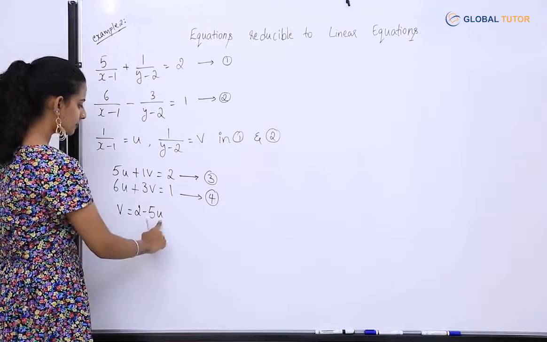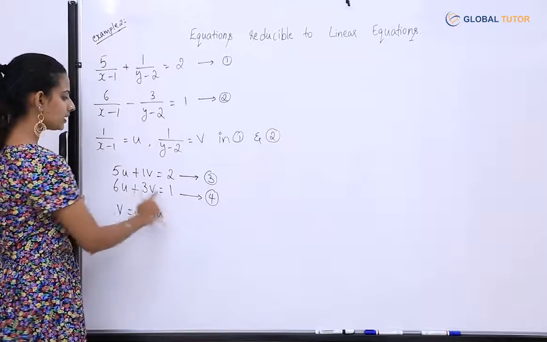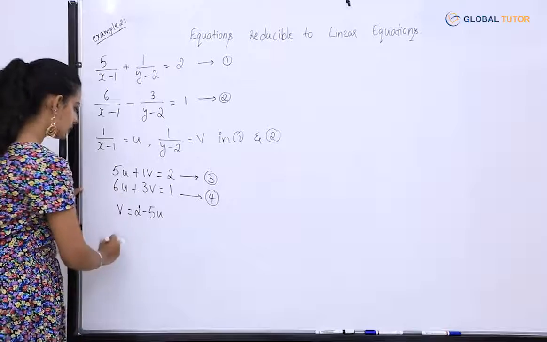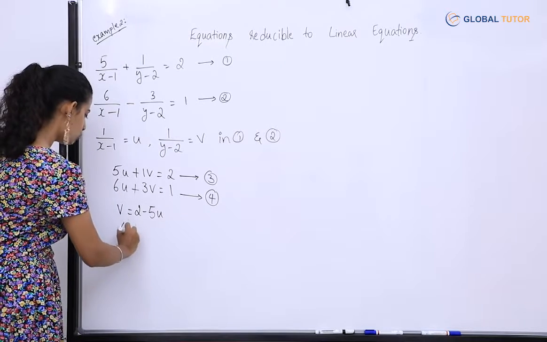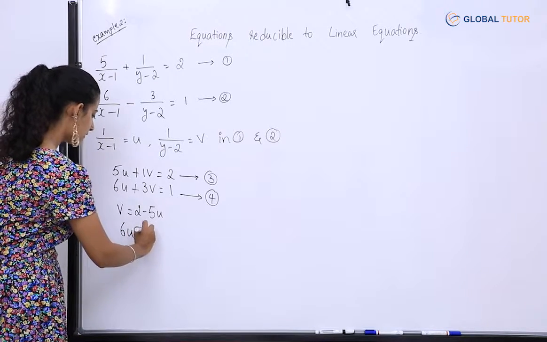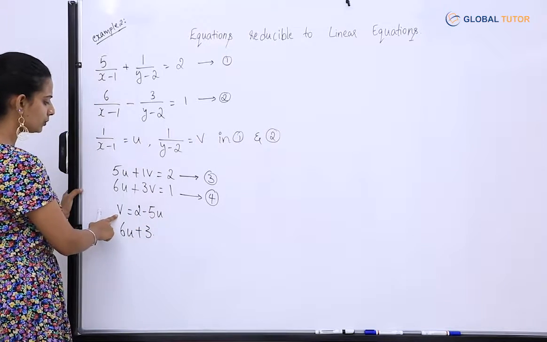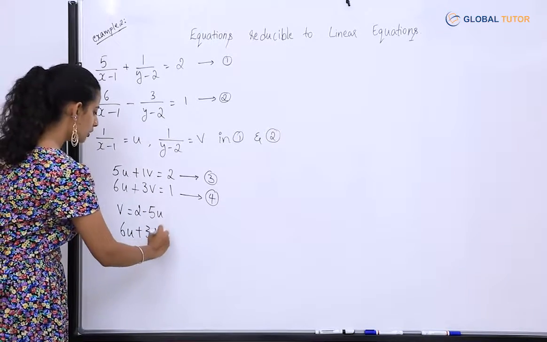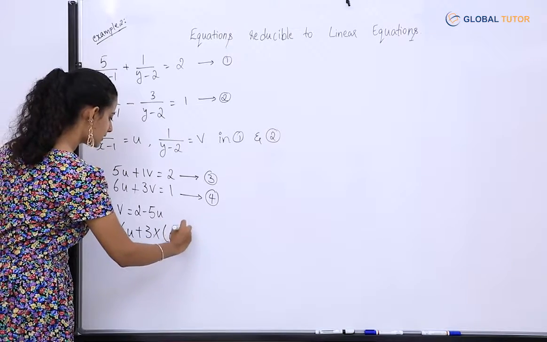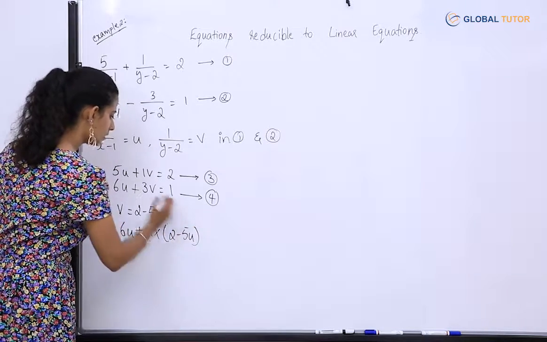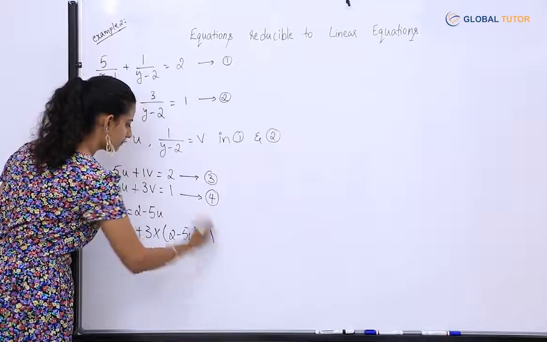Now, I am going to replace this value in equation 4. So, this will be 6u plus 3 into v. We just got the value here, v is equal to 2 minus 5u, which is equal to 1.